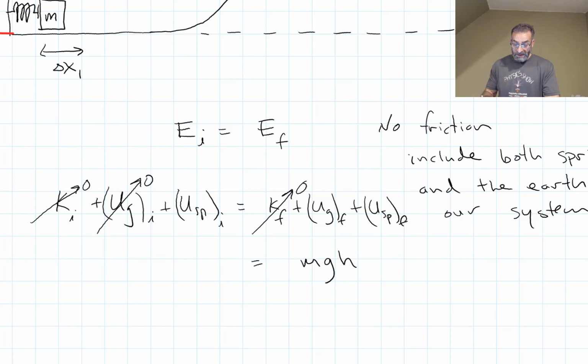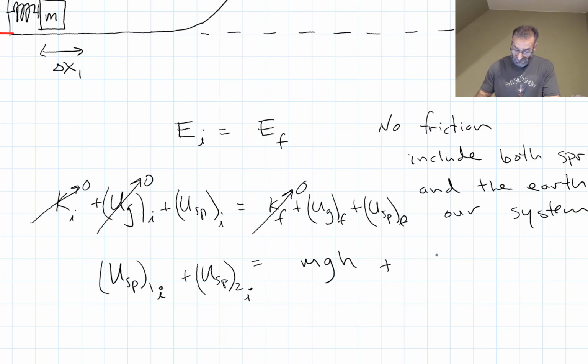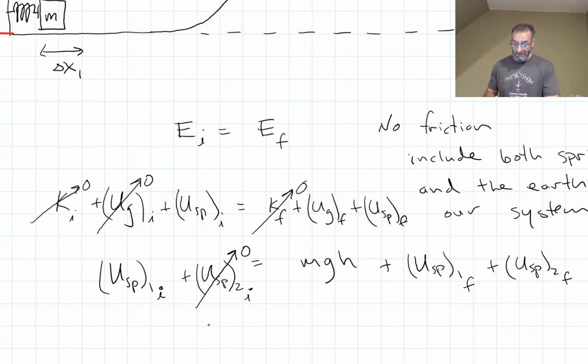Now, springs. At the beginning of the problem, we have 2 springs. And at the end of the problem, we have 2 springs. At the beginning of the problem, spring 2 is not stretched or compressed. It has no energy stored in it, so its potential energy is 0.